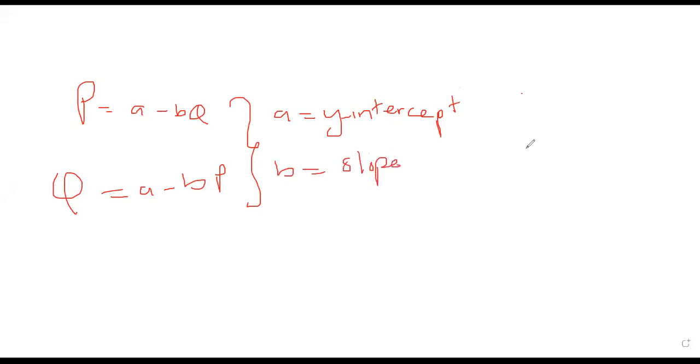So collectively, we have this as a demand curve, which follows the law of demand, simply stating that if the price is increased from P1 to P2, what happens? The quantity demanded will decrease from Q1 to Q2. So this holds for a normal good.